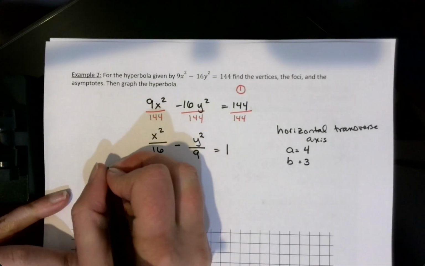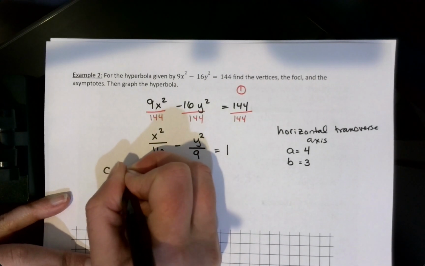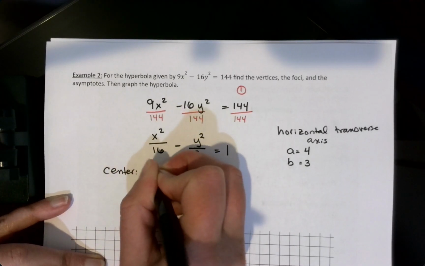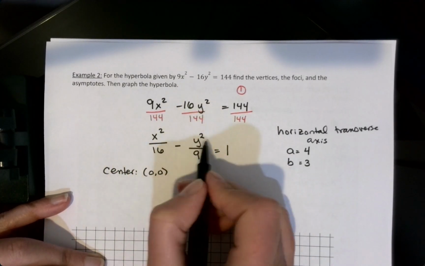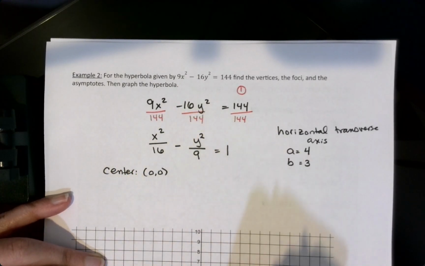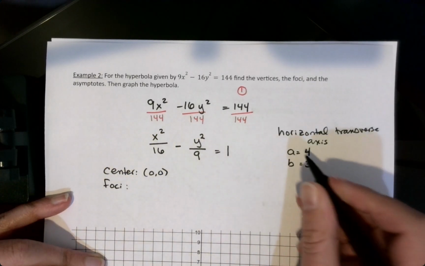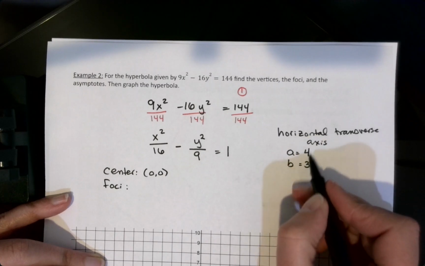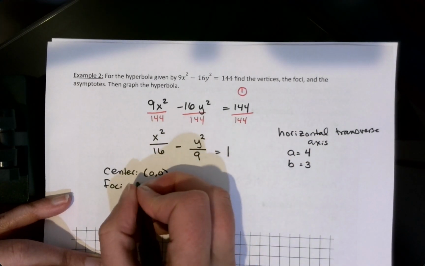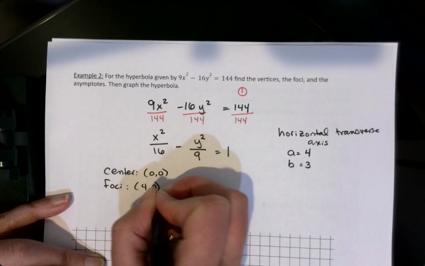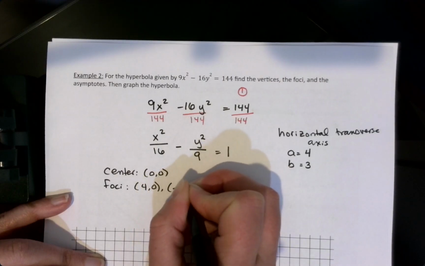And I can list the center, the vertices, and the foci. The center for this one is (0, 0). I've got no left-right shifts to my x or y variables. The vertices are going to shift along the horizontal axis 4 units, so it's going to be (4, 0) and (-4, 0).